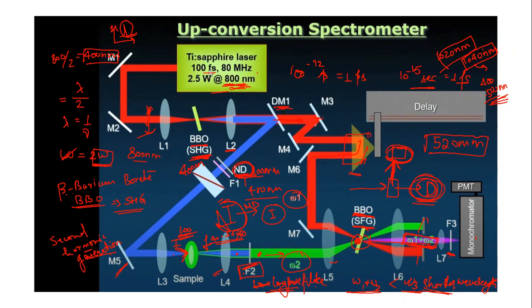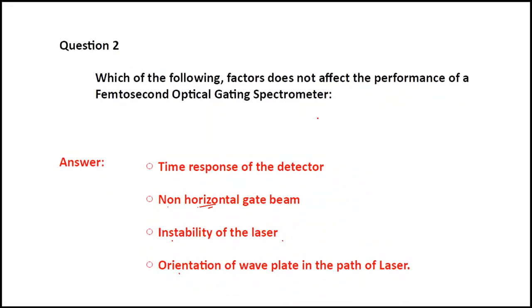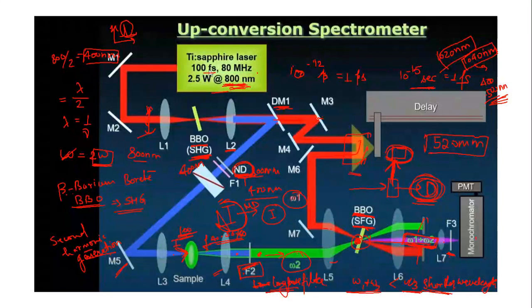So why did they say we need a horizontal gate beam? If you see carefully, these two beams are converging through this lens to here. For them to merge, their positions should be one over the other.